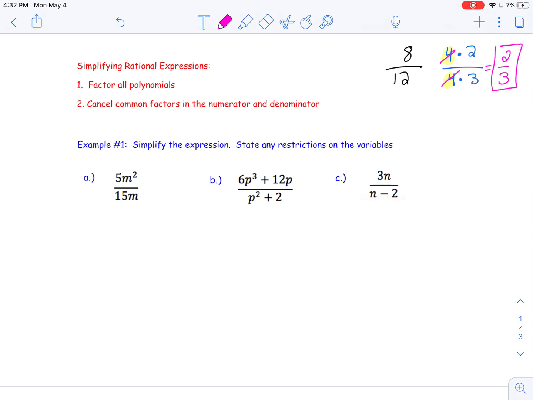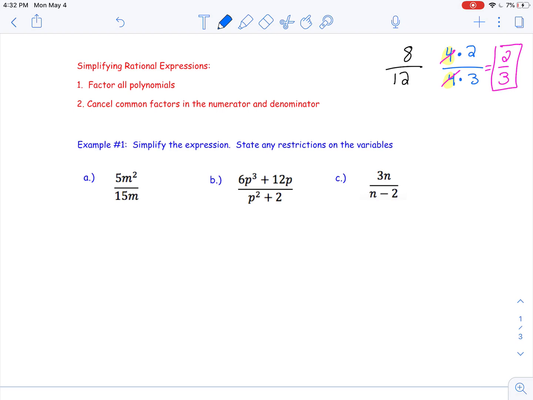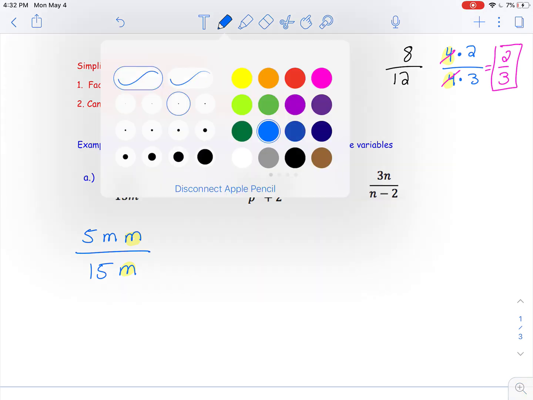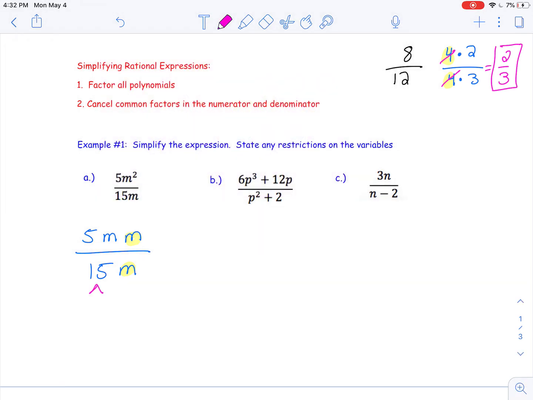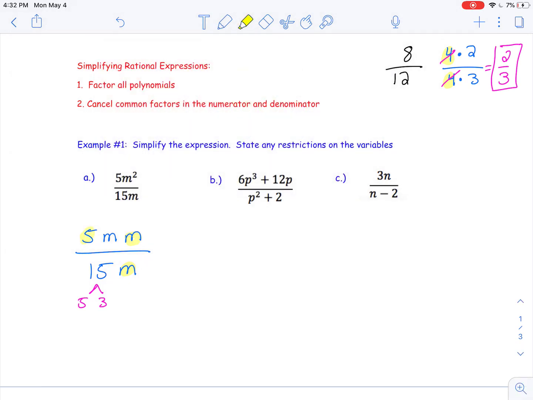We're really looking at the same thing here. If I look at 5m squared over 15m, this is really 5 times m times m, all over 15m. I have a common factor of m that can be canceled out. And 15 is really 5 times 3, so I can cancel out a 5.